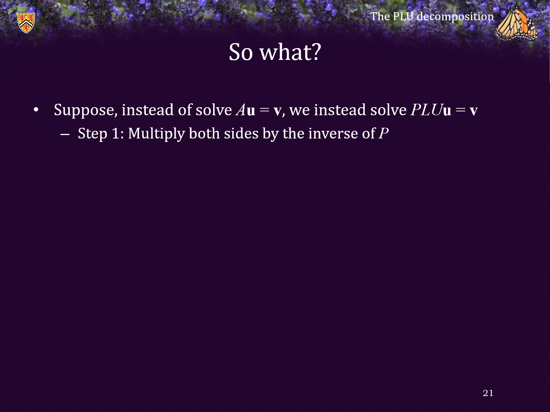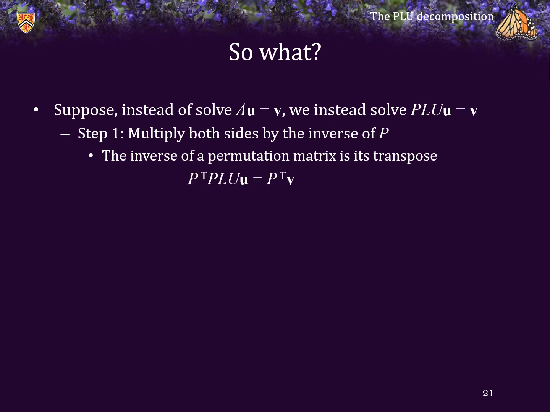Multiply both sides by the inverse of the permutation matrix P. Well, from the last topic, we saw that the inverse of a permutation matrix is its transpose. Thus, we have this expression here, and P transpose times P is equal to the identity. The identity times anything is what it is being multiplied by. So we are left with this expression here.